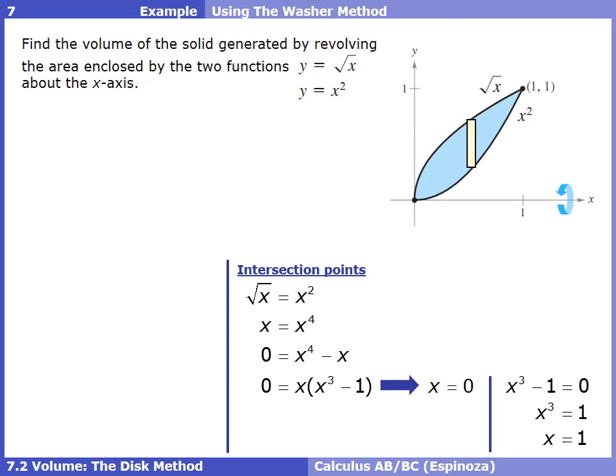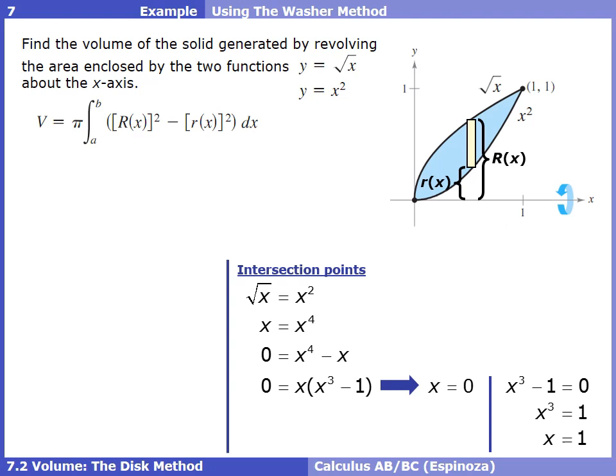Listen carefully to how I describe this. Big R always goes from the outermost point on your rectangle to the line of rotation. Little r always goes to the innermost point on your rectangle to the axis of rotation. So be very careful. When you label these pictures, if you label it even slightly wrong, you're going to mess up the setup for either big R or little r, or maybe both of them.